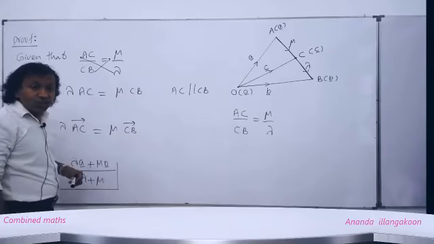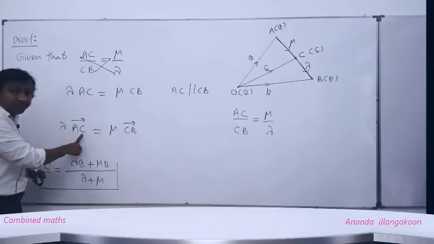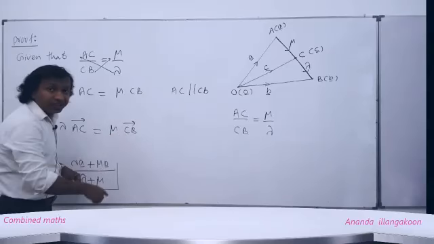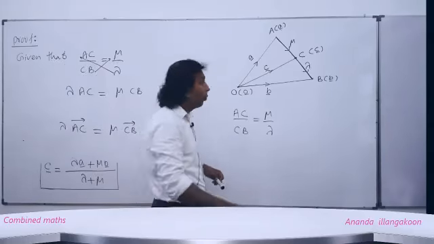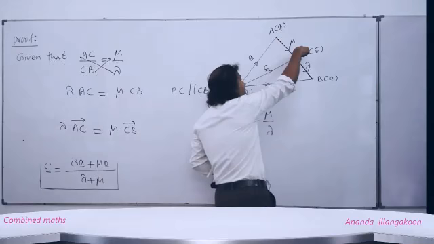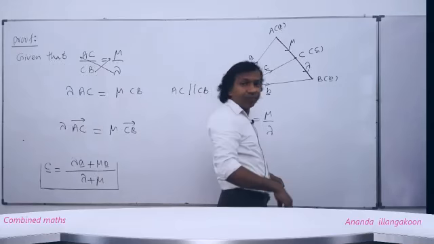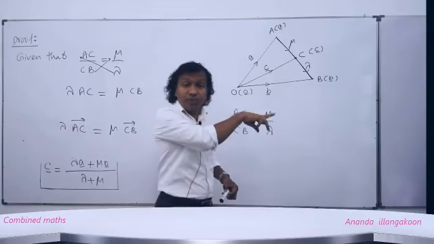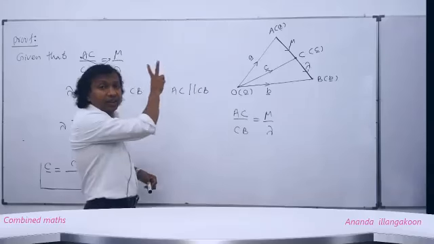And the other one is what, people? The A to C direction should be equal to the C to B direction. That's also true. When you move from A to C, this is a direction, and C to B is the same direction. So two properties are available in the diagram, and the other one is given here.